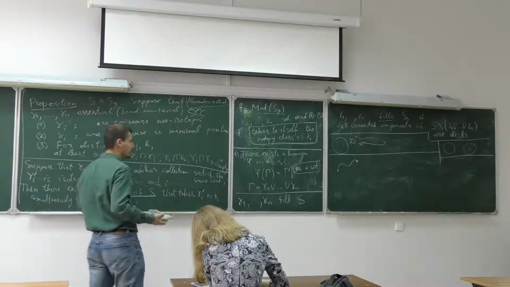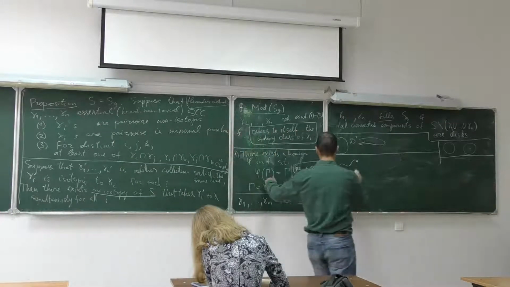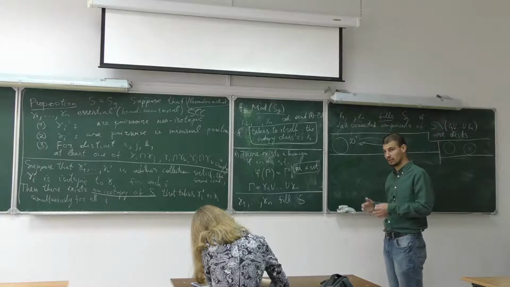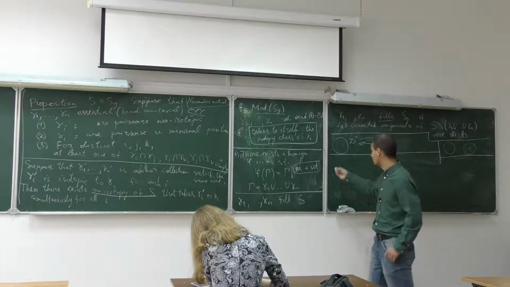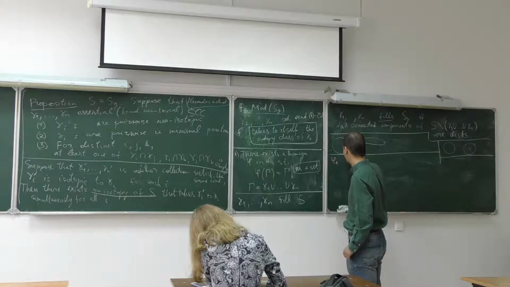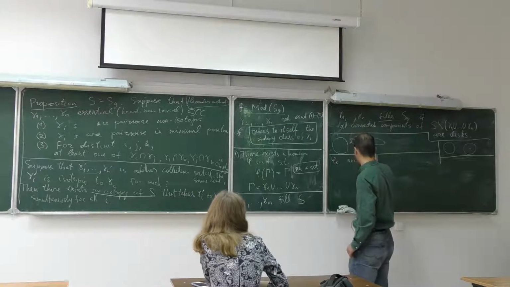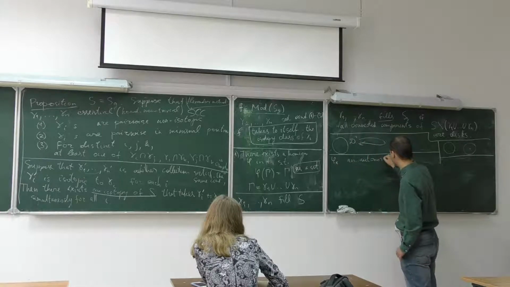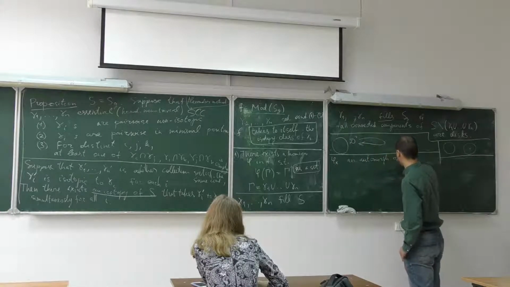But now gamma is a finite graph. It is a graph with finitely many vertices and finitely many edges. So any phi of this kind induces an automorphism of gamma. Let it be phi star. It is an automorphism of gamma.